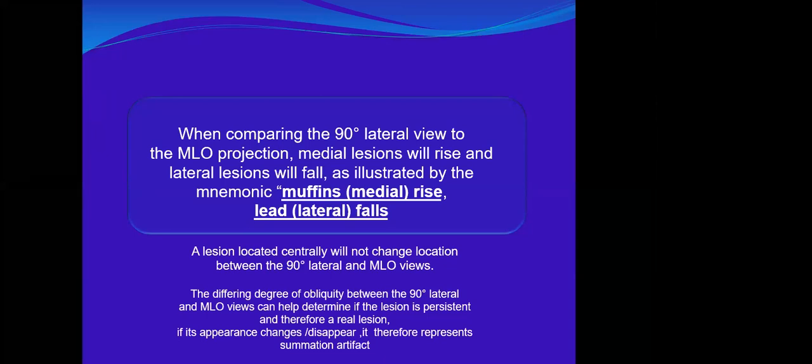Which is that view? Quickly, we want to go through the rest of the examples.